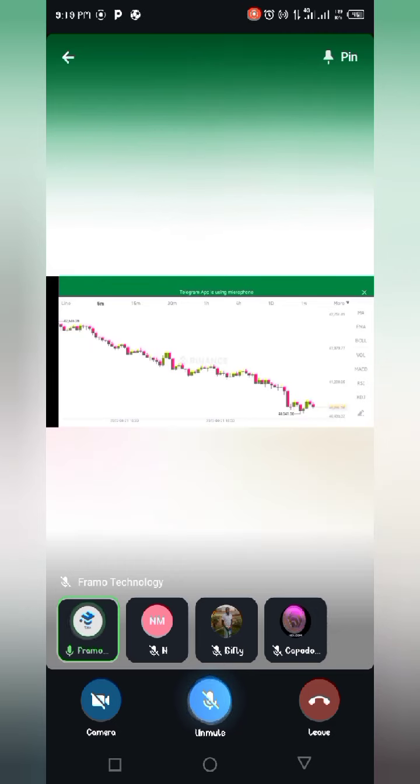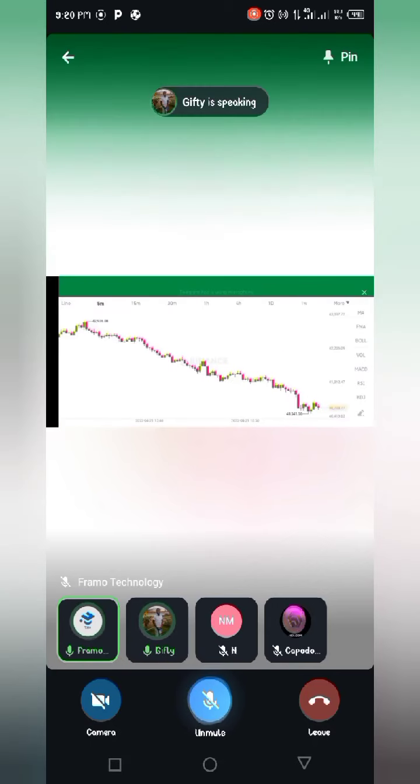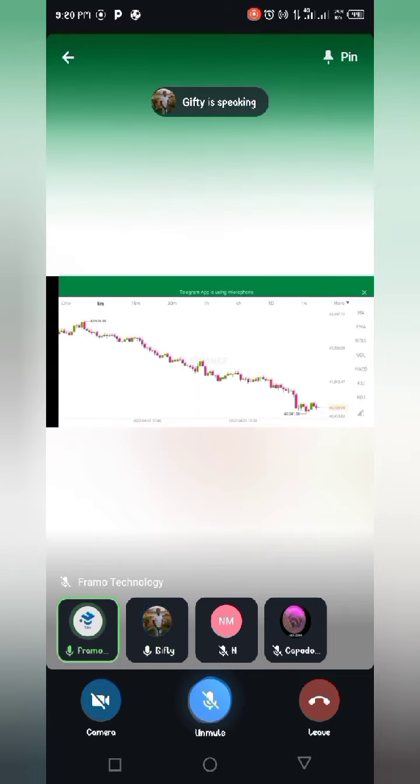Please, what is the trend? It's on the 5-minute chart. Please, what trend do you see? It's moving downwards. Okay, so this is what? A downtrend.